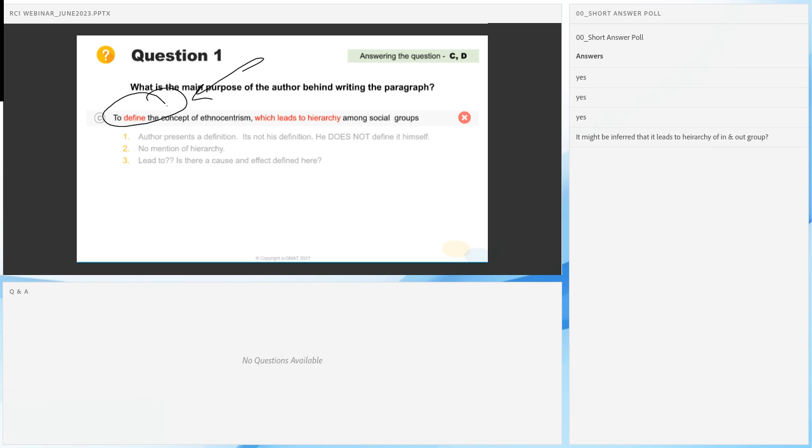An inference is something that you are 100% sure is true based on the information that is provided. When you say the words "might be" and "inference" in the same line, then you are wrong right then and there. An inference is 100% certain. What I really say with regards to inferences is, if you have $100 and were to bet on a statement, if you bet those $100 on that statement being true, then that's an inference.